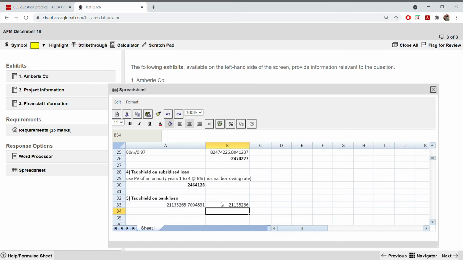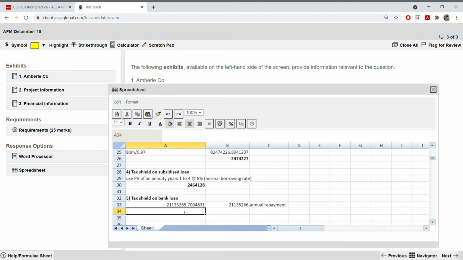Now mind you, this is the equal annual repayment. I forgot to write it. Always write what you are doing. This is the annual repayment. Okay, annual you are paying, but you have to make a table here. Now, tax shield. Whenever a bank loan comes, this table is required.